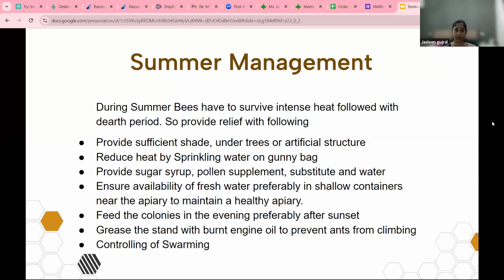Also, just the last point in the summer management: since food is not available, if you're not able to manage them properly, they will swarm. Swarming is when a group of bees moves out of the box and leaves for another place where they are able to find food. So in order to prevent that, you need to manage the boxes properly.